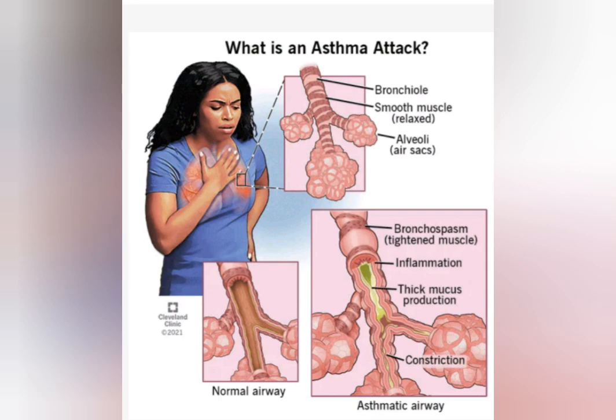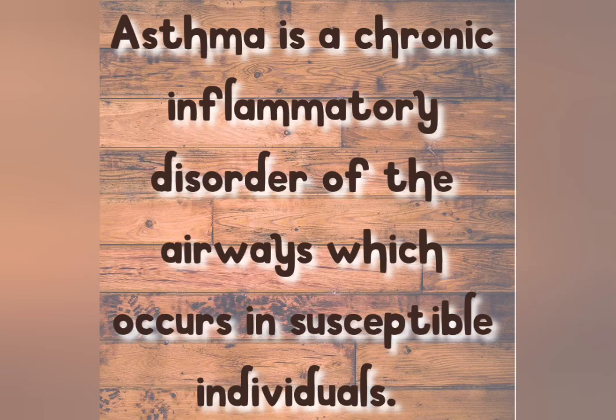difficulty in breathing. Two United Kingdom guidelines for asthma, the British Thoracic Society and the Scottish Intercollegiate Guidelines, as of 2009, define asthma as a chronic inflammatory disorder of the airways which occurs in susceptible individuals.